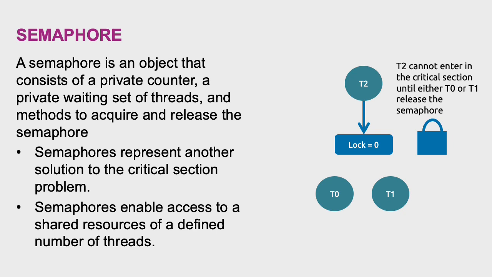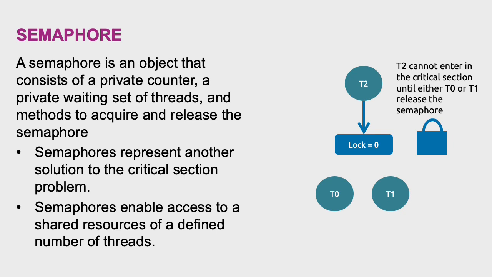Why do we need semaphore in the first place? So far we defined locks, and we explained that the access to the critical section was expected to guarantee that a single thread was executing in the critical section. So why do we need to enable more than one thread entering the critical section?